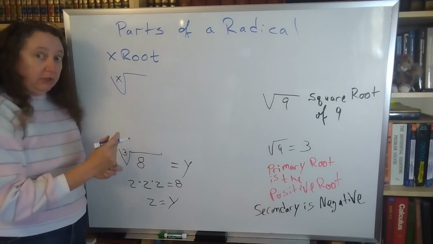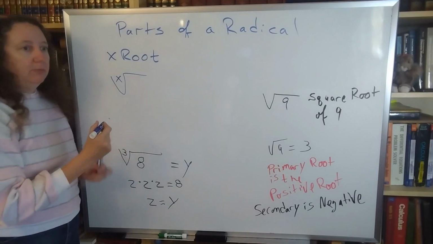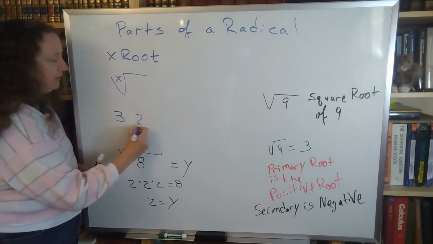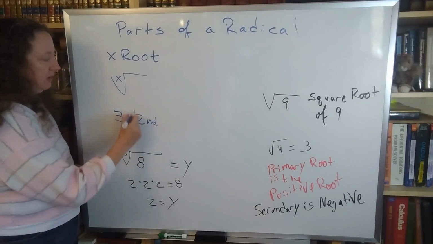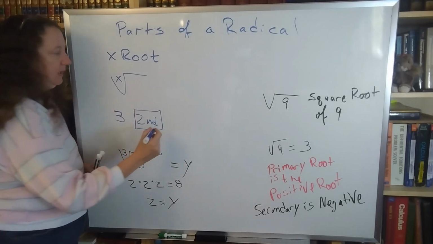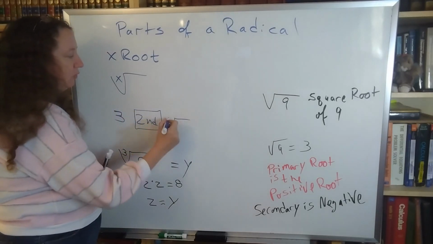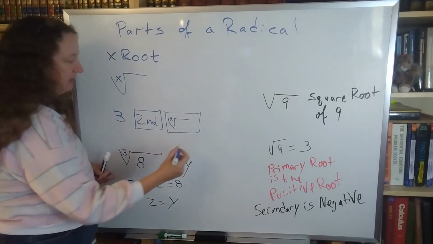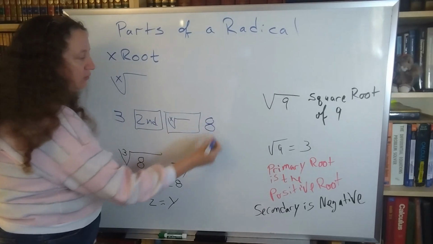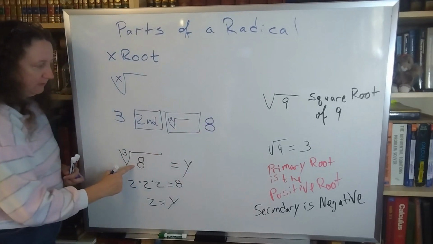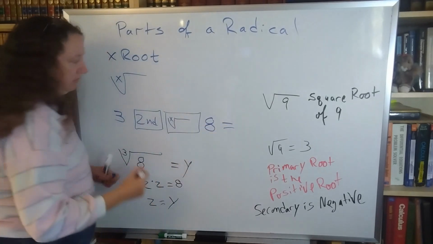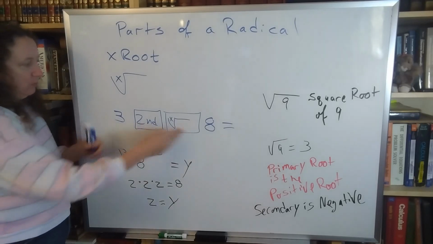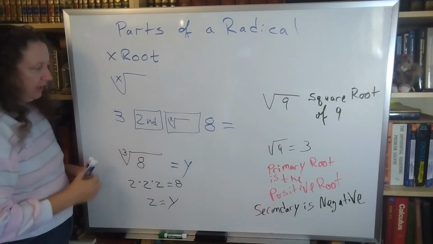Most calculators, not all calculators, but most of them require you to type the 3 first. Then you will have to type the second button, the shift button, and then you will have to type the square root button wherever it may be, or the X root button. And then you type what is the number that you're trying to get the third root of. And then you type equals. So that would then give you 2 as your answer.